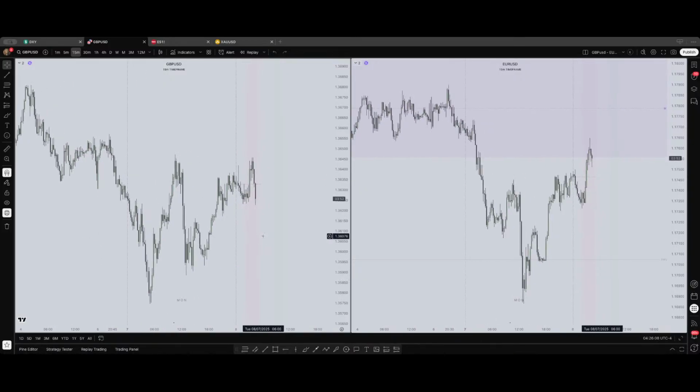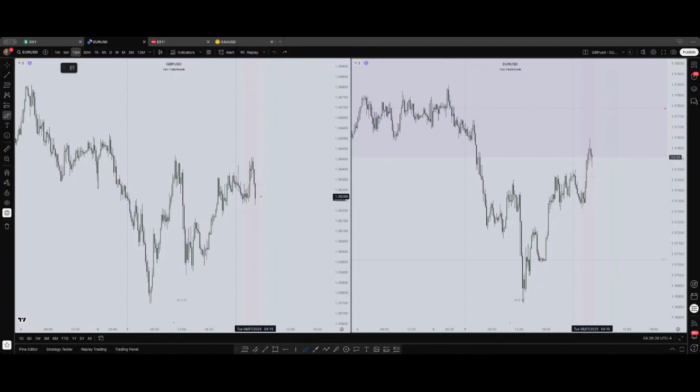So I have here GBP USD and Euro USD. As you can see, I don't like this. Look, this GBP USD made a lower low, and look where USD is. It's not symmetric, so that is not good. We like to trade symmetric markets, where it's more secure.